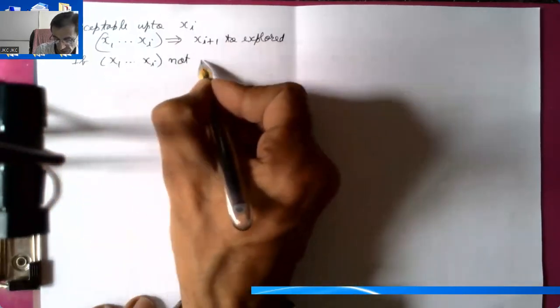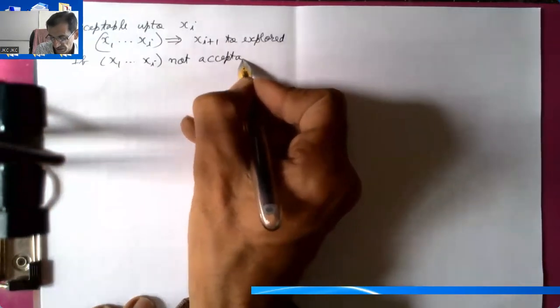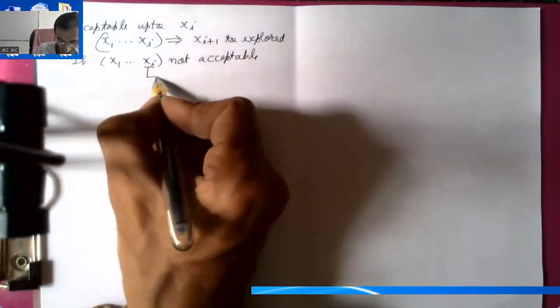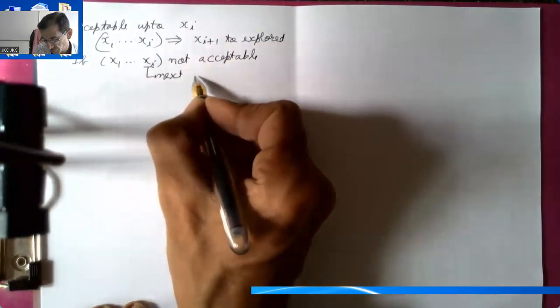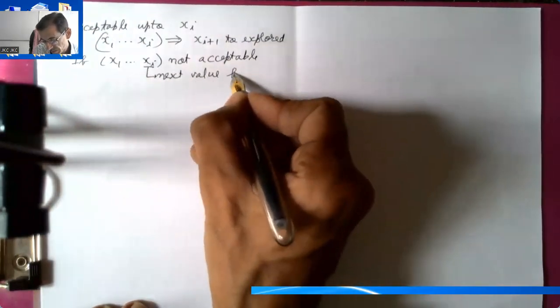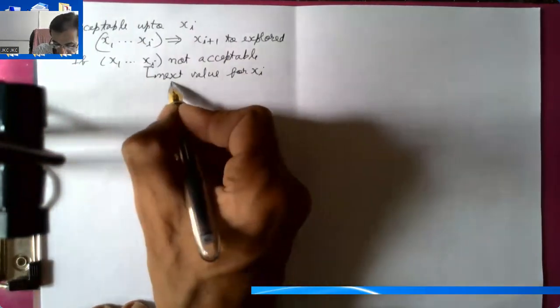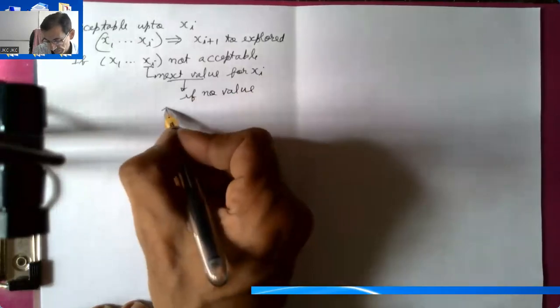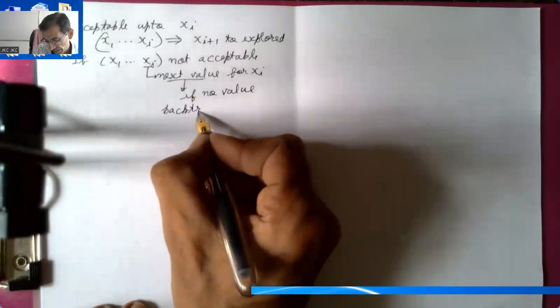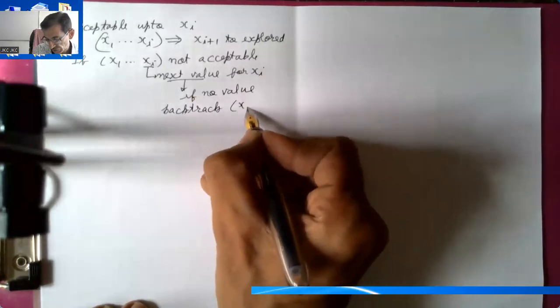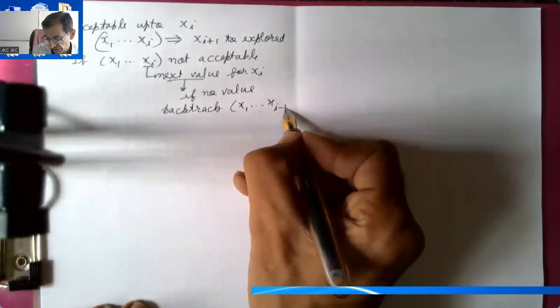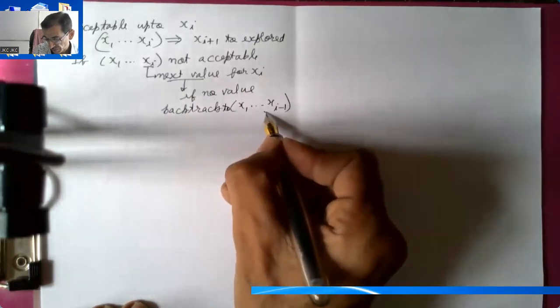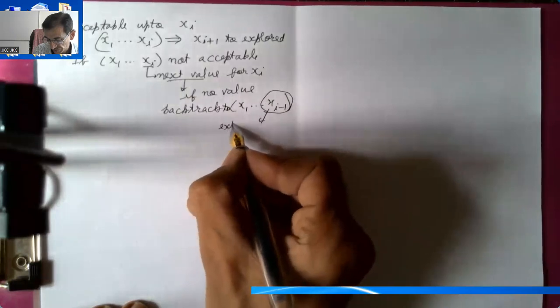But if not acceptable, it effectively means the current value of xi is not acceptable and the next value of xi is to be attempted. If no value exists, then nothing but backtrack: you treat the solution available for x1 to xi minus 1 as given and explore the remaining values of xi minus 1.